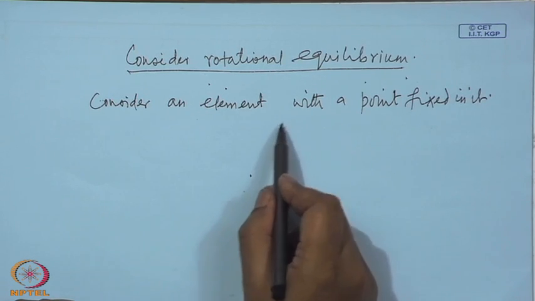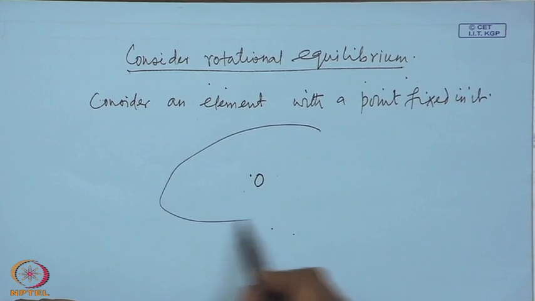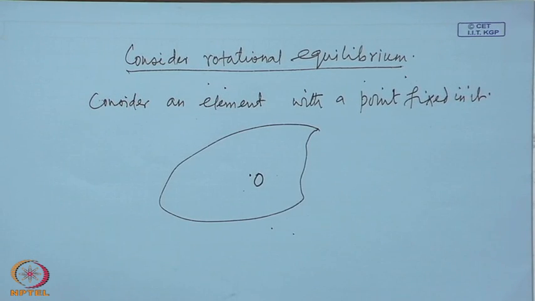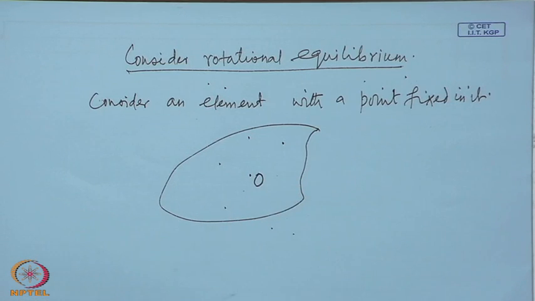Let us say that this is that point, fixed point call O, and some element like this. At any position, surface forces are acting given by T_ij n_j.